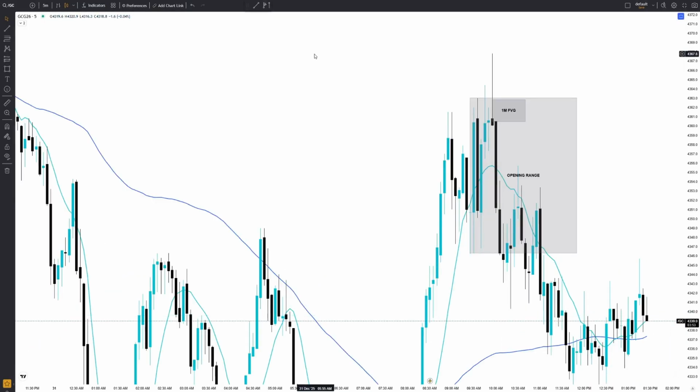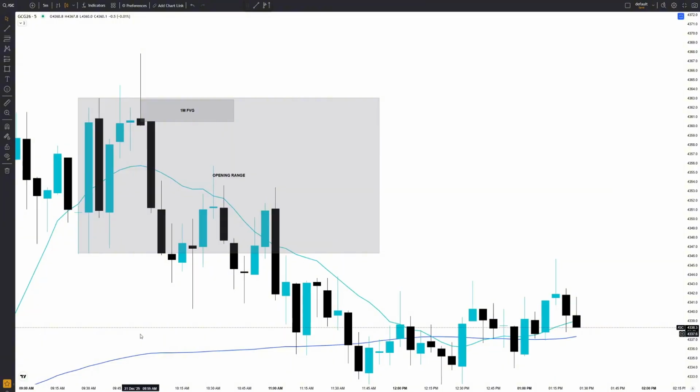All right. So what we would do in that situation? We would go to the higher time frame. What does the higher time frame say? That's the 1-minute fair value gap, right? All right. So what is this? Okay. We're getting somewhere, right? That's a 5-minute fair value gap right after the 1-minute fair value gap.